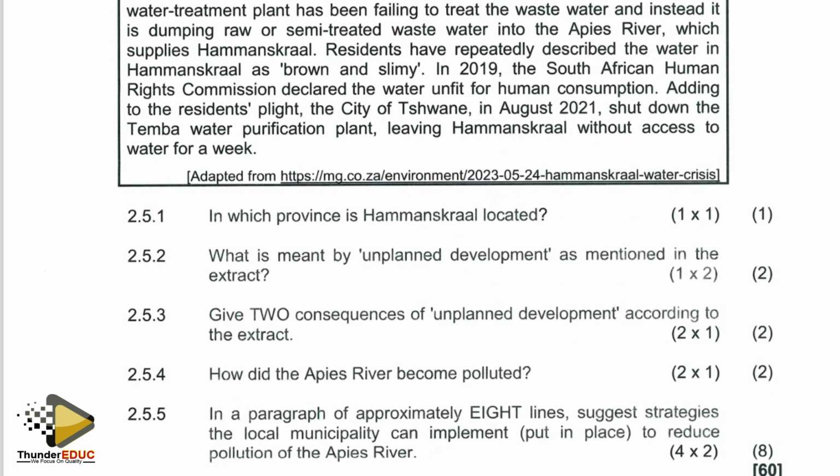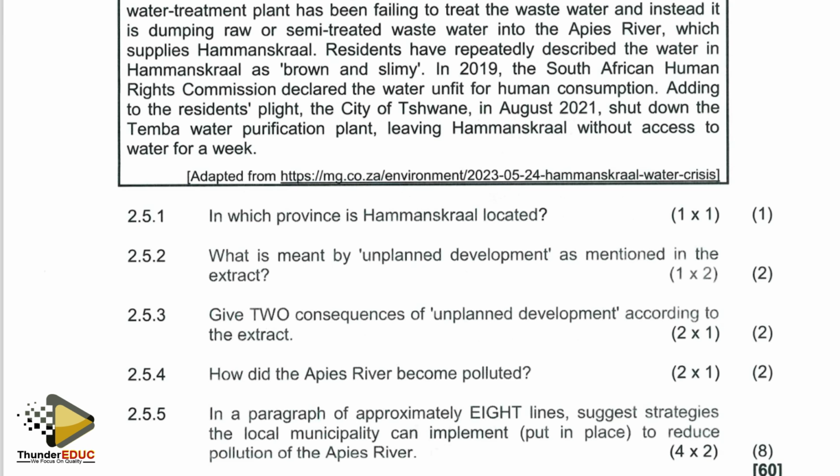Right, basically when we're talking of unplanned development, we are looking at urban sprawl, the problem of urban sprawl, uncontrolled growth or formless growth of cities and towns. That is basically unplanned development. Or we are looking at the growth of informal settlements. Or we are looking at illegal invasions of land.